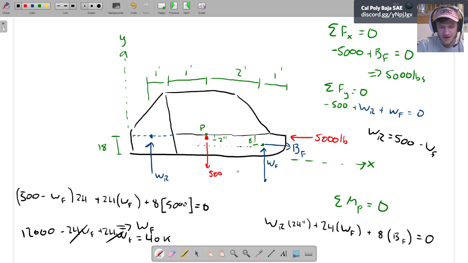So yeah, when I did my moments, I was not careful about the directions that I put these moments in. So let's look at WR here. I assume, and it's usually customary to assume, that positive moments are moments that go counterclockwise, right?